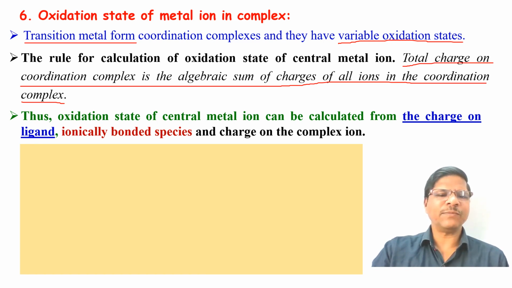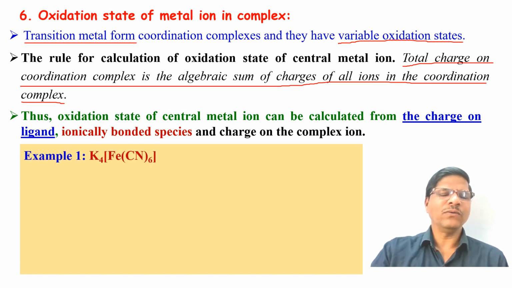Then ionically bonded species such as potassium, sodium, calcium, chloride, bromide, iodide, sulfate, thiosulfate usually have a fixed oxidation state. So the ionically bonded species and the ligands have fixed oxidation numbers, or we know the charges on the species. Thus we can calculate the charge on the central metal ion by using the rule.